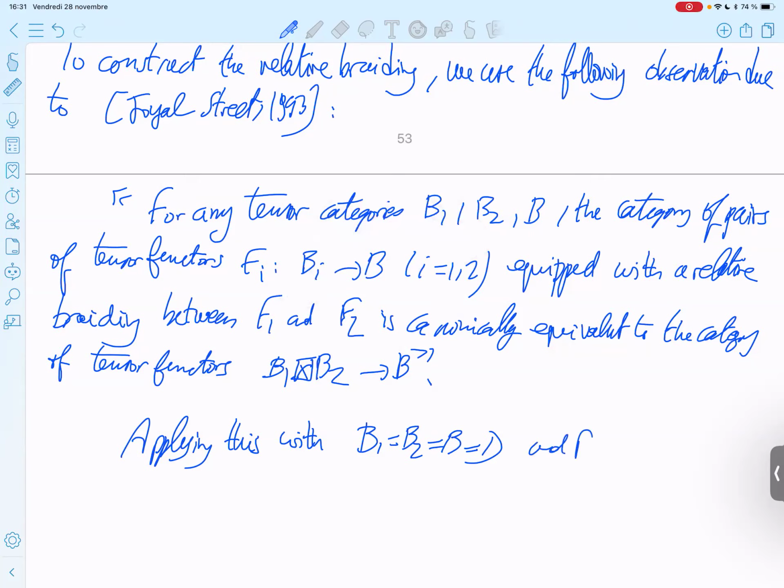And F1 equal F2 equal identity of D. That will not be enough for what we are looking for, but as an intermediate step, we will first apply this Joyal-Street remark this way to get what?